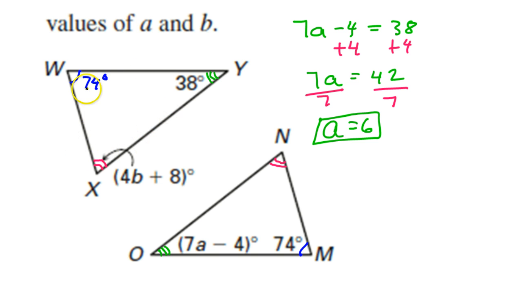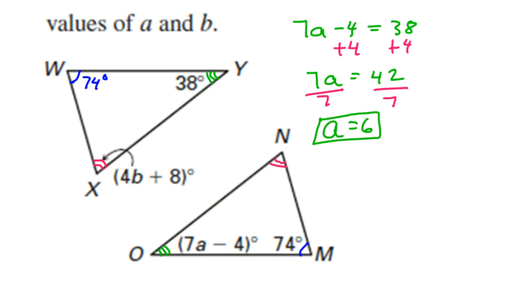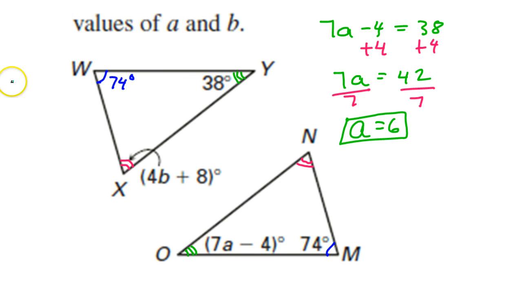So we can just subtract from 180. All three angles have to add up to 180 degrees. So let's subtract these two from 180 and see what's left for the pink angle. Okay, so what I'm doing is 180 minus 74 minus 38.